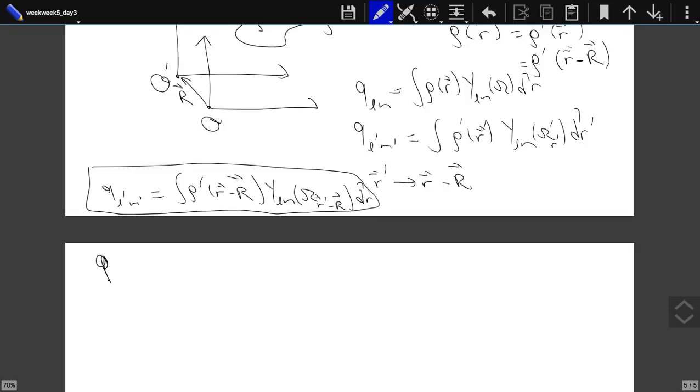So Q_LM prime is equal to rho of R times the other factor.